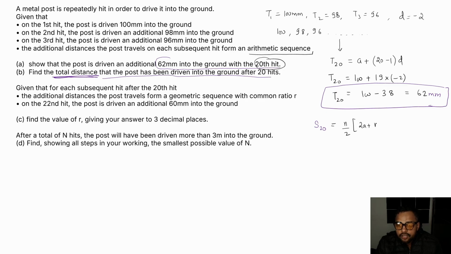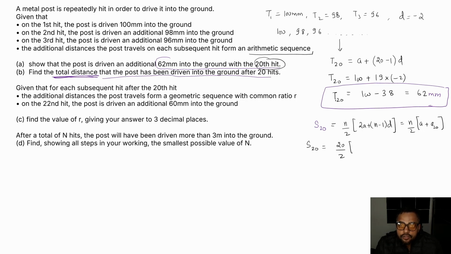The formula n/2 times (2a plus (n minus 1)d) is one of the formulas. Even this could also be written as n/2 times (a plus a20). Whichever you find suitable, you can apply here. So S20 will be given by 20 by 2, if you are applying the second formula, n/2 times (a plus a20).